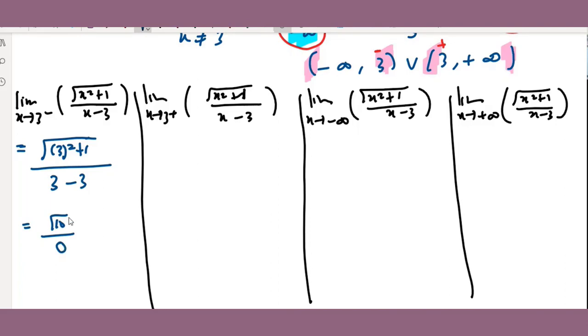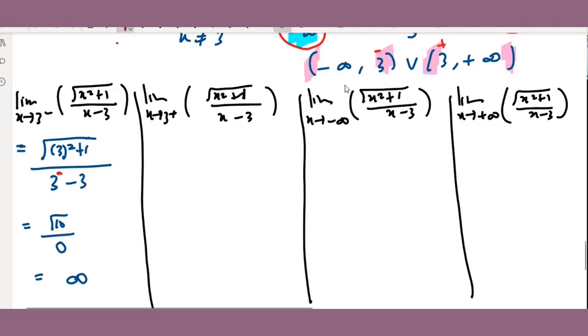In this case, you have to narrow down whether the 0 tends to negative or positive. We know the answer is confirmed infinity, but positive or negative.